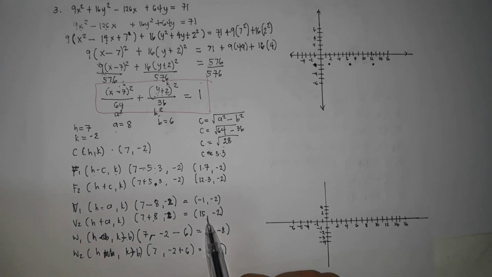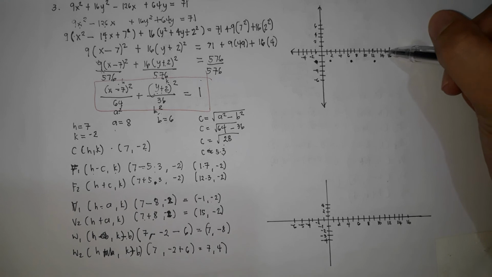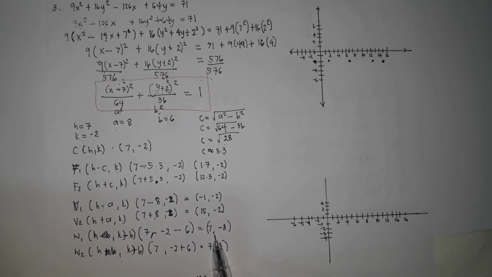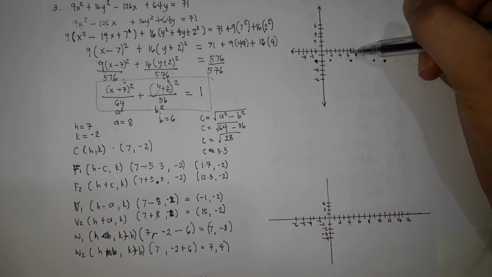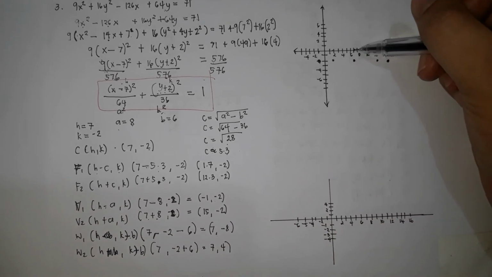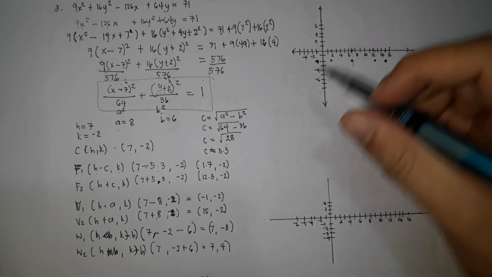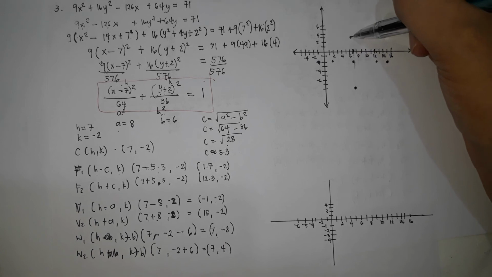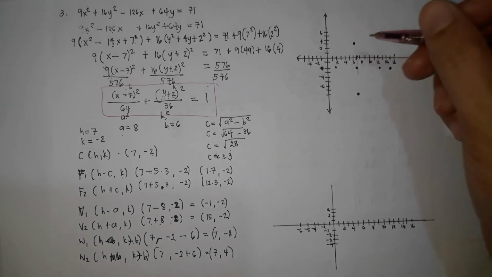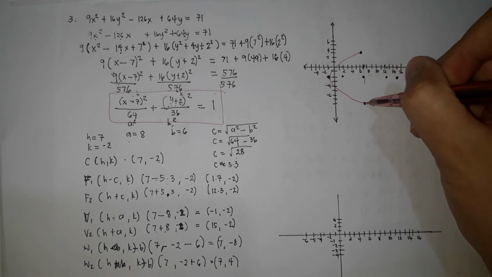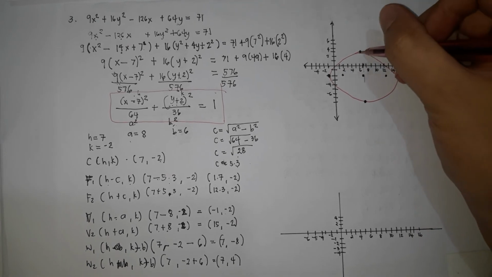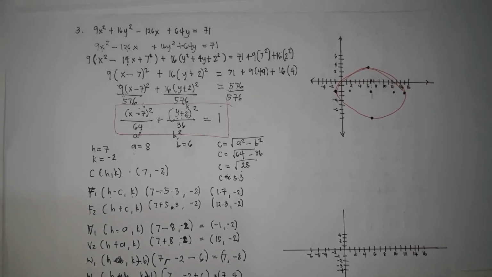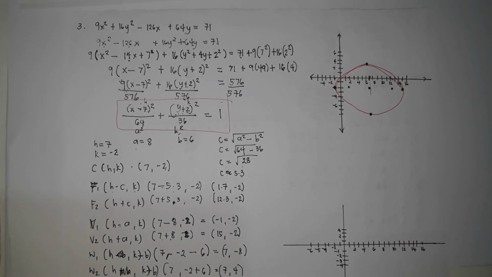Vertex 2 is 15, negative 2. Covertex 1 is 7, negative 8. Covertex 2 is 7, 4. So connect the dots. If you do this properly, you're going to form the ellipse.